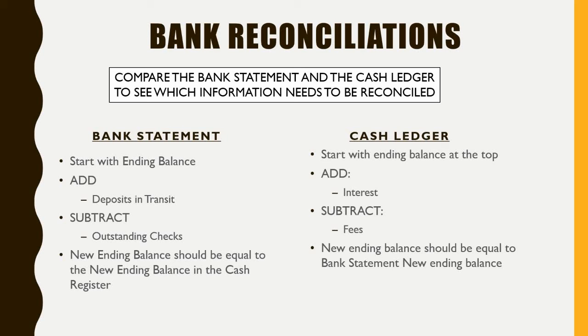So if you wrote a bunch of checks and the recipients of those checks haven't received them yet or haven't put them into the bank yet, how does the bank know that? The bank will not know that because it's not been processed yet. So that is why the bank is going to say, well, I don't know that you have a whole bunch of outstanding checks. So that's what you're going to recognize here.